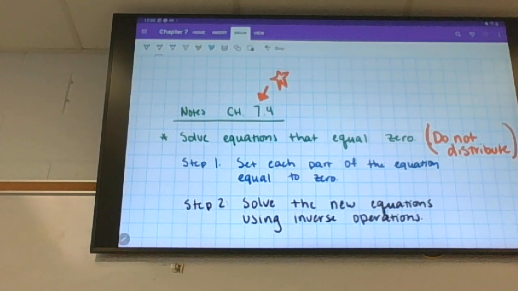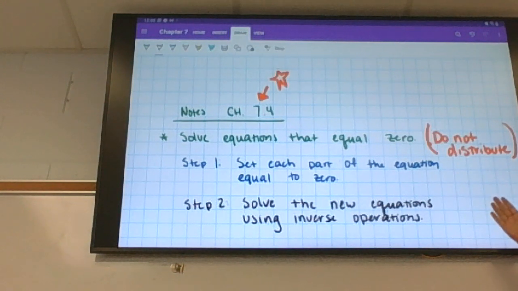We're in chapter 7, y'all. Alright. So listen, we're solving equations today. We just finished with a lot of distribution. We did adding, subtracting, and distributing. This is kind of weird today. We're not going to distribute. So our equations are going to be set equal to 0, and we're not distributing.